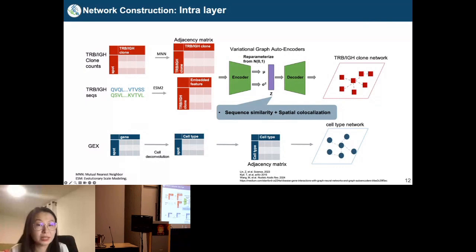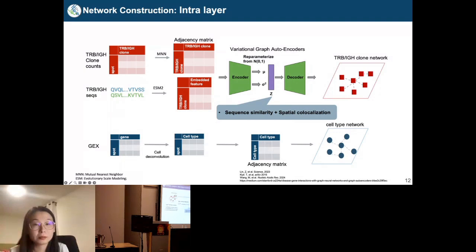The idea behind it is if two clones were localized and their embedded sequences are very similar, they will be linked on the graph. For the gene expression layer, we constructed a cell type network based on cell type proportion.